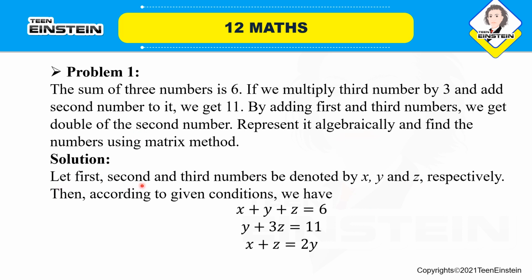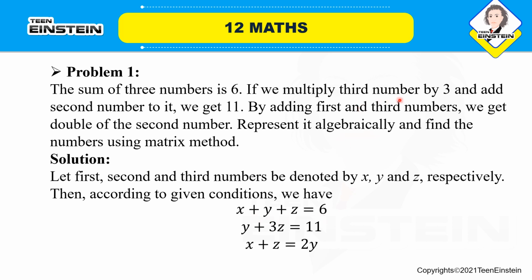Let first, second, and third numbers be denoted by x, y, and z respectively. So come to the first statement. The sum of three numbers is 6. How will you represent this mathematically? x plus y plus z, sum of three numbers, addition of three numbers. So we are representing it as x plus y plus z equal to 6.